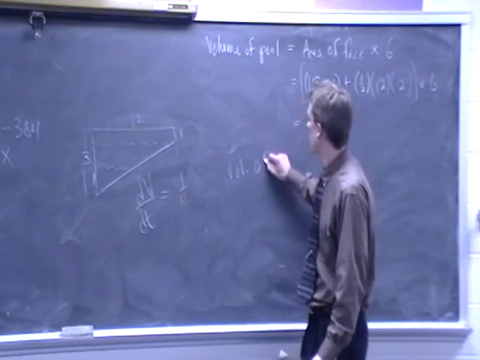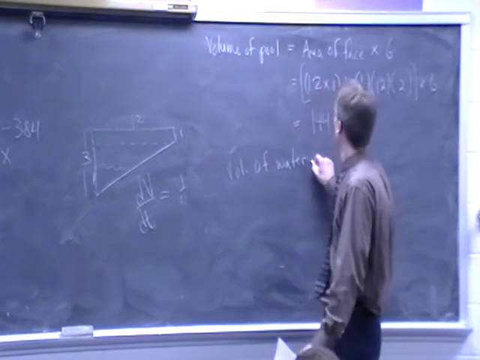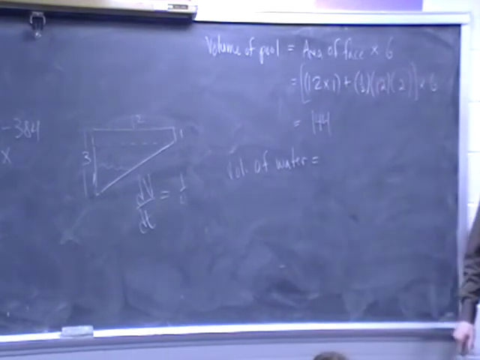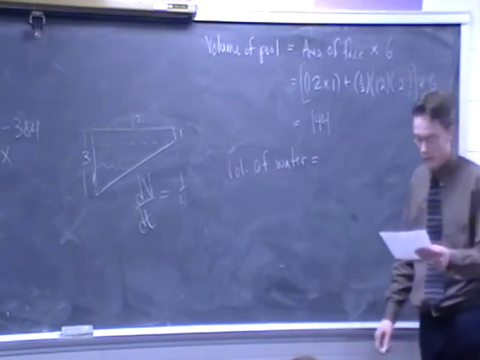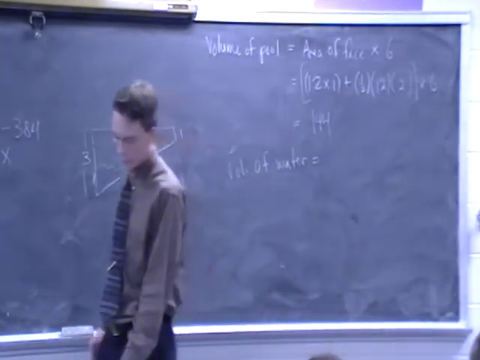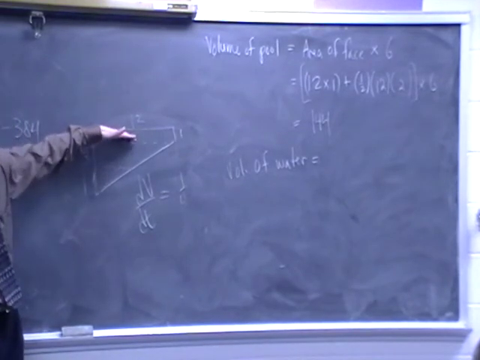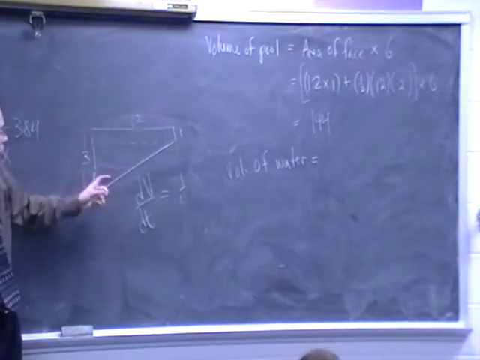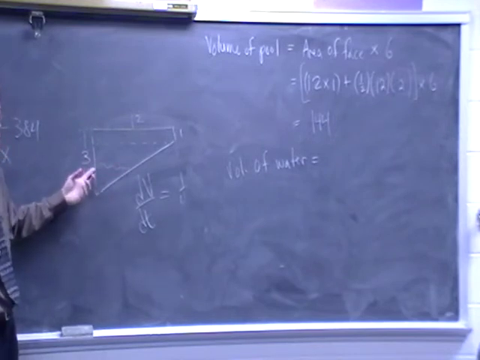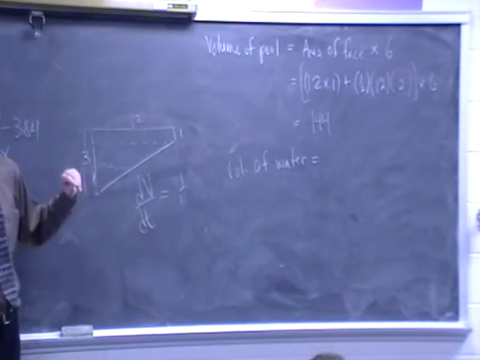Now let's do the volume of the water. This really should be easier in a way, because the water isn't up to that funky part of the shape yet. So the water is really just a triangle, so the area of the face should just be a triangle.